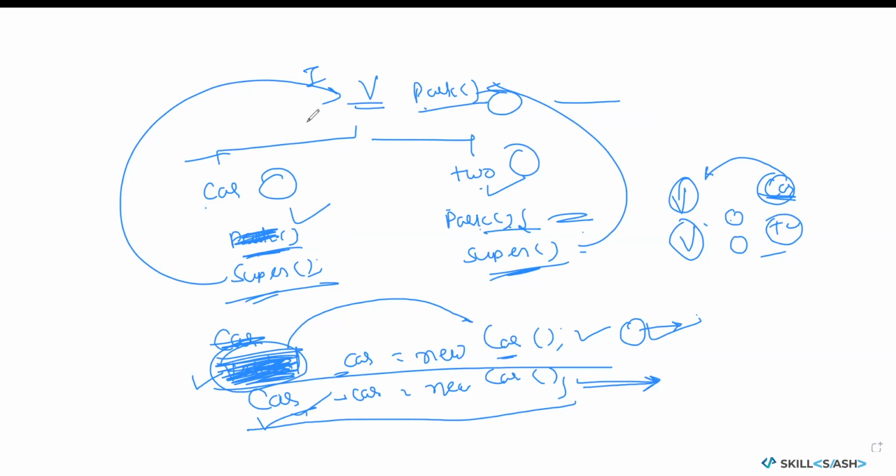And in vehicle, I cannot put any business logic. I can just say this is the public park method or public calculate parking fare method. It's just a definition that this method will be there. So there's a fine difference between the way interfaces and abstract classes can be seen with polymorphism.